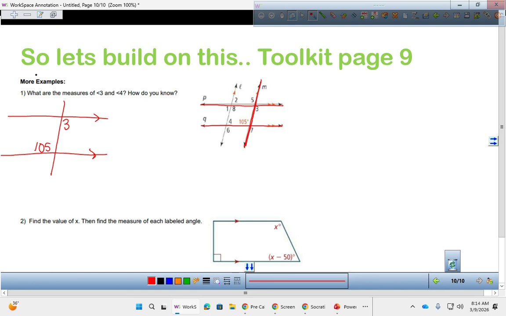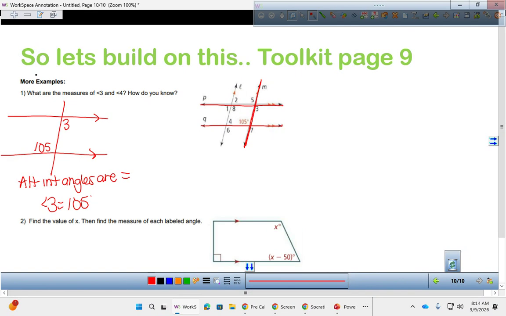What are they called? The name, like alternate interior angles. Alternate interior angles are equal, right? So that means that angle 3 has to equal 105 degrees.